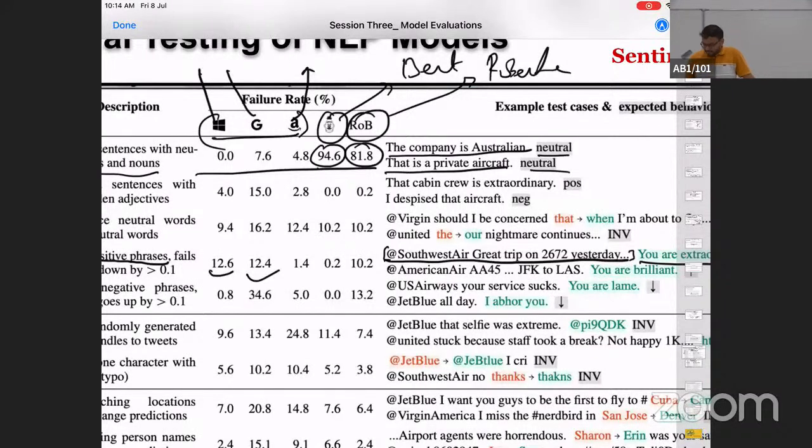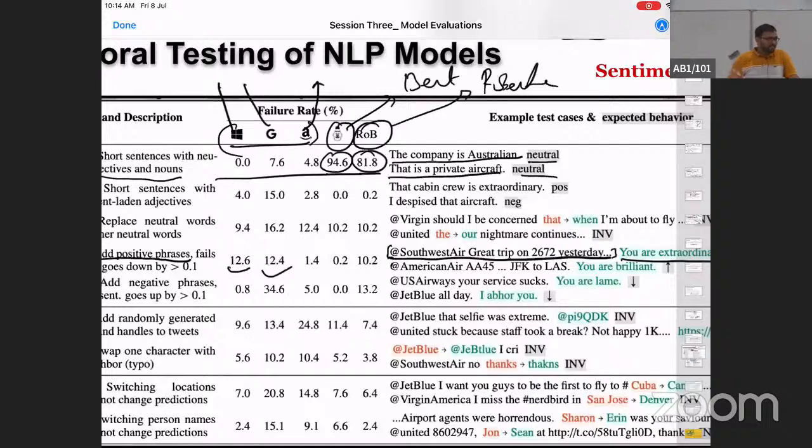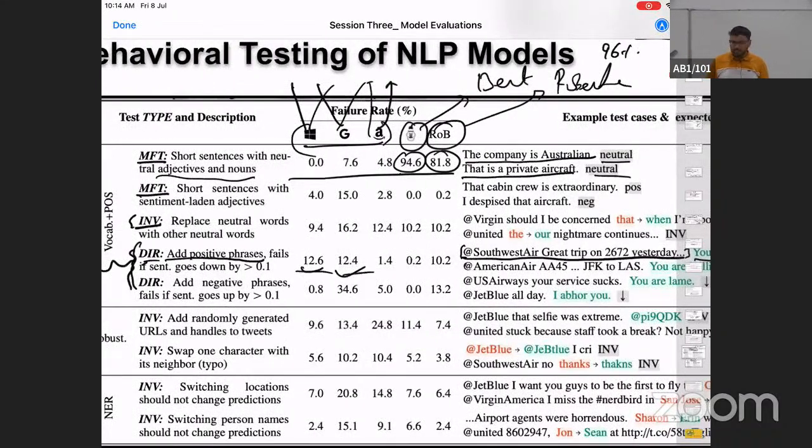And what are the actual scores that these companies have reported? If you see the papers by these different companies and how these models are performing, it is almost every time more than 96% accuracy. But for these very simple sentences, they are getting this much failure rate. So at least 88% accuracy on these simple instances.